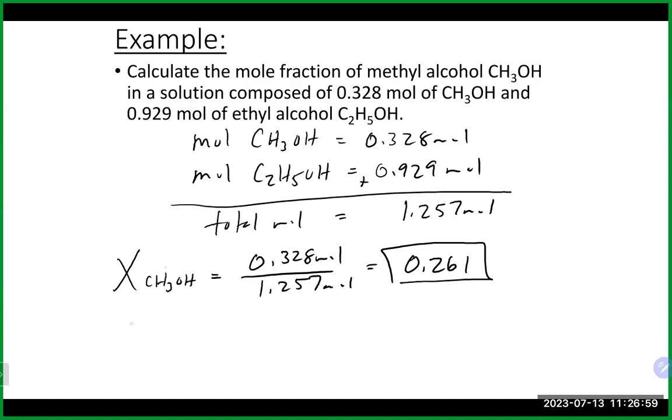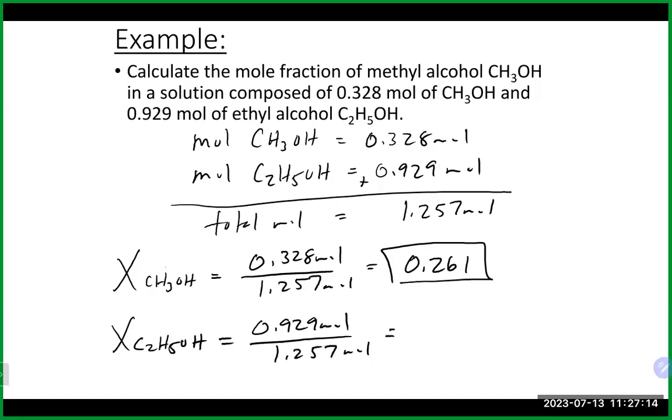If we wanted the mole fraction for ethanol, which was not the question here, we could do the same calculation: 0.929, the moles of ethanol, divided by the total moles. That gets us the mole fraction for our other component, which is basically 74% as well.